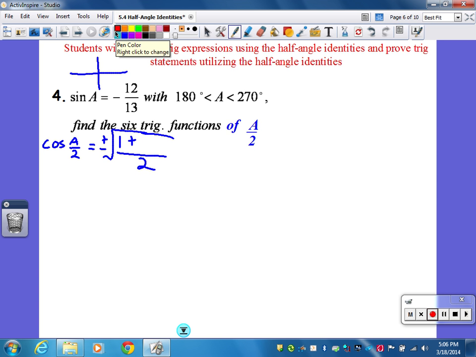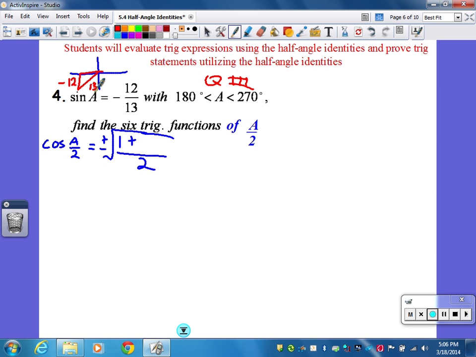So we're going to look at sine A again. We're in which quadrant now? Quadrant 3. Okay, so we're going to be over here. We need a sine of negative 12, or I should say the opposite is negative 12 and then 13. And then all we're going to have left, well, we know 12 squared is 144, and 13 squared is 169.